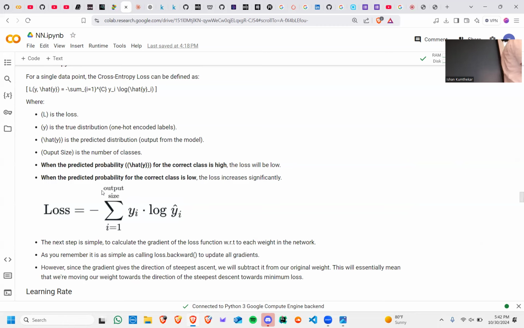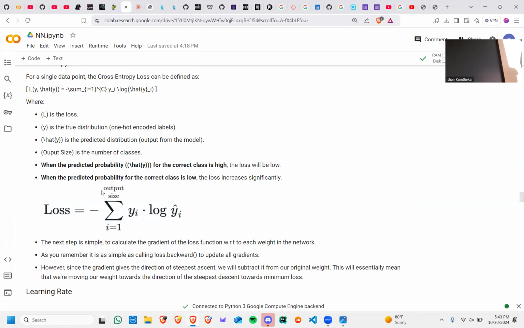This means that your loss is really low, and that's exactly what you want. But if you're predicting incorrectly, if for example your prediction is 1 and the true output was 0, you can see that this log of 0 tends to around infinity. That means your loss will be unimaginably high, and that'll mean that you need to alter your model. Now, in real terms, we normally don't use zeros or ones.